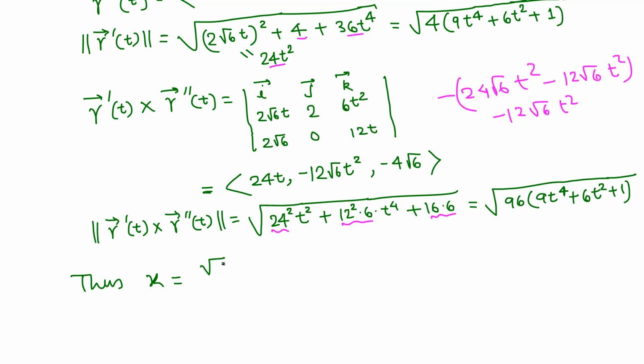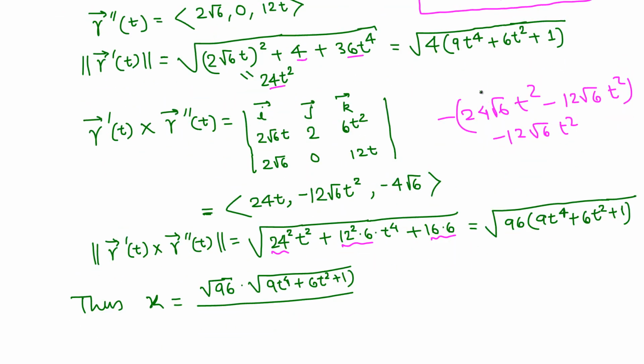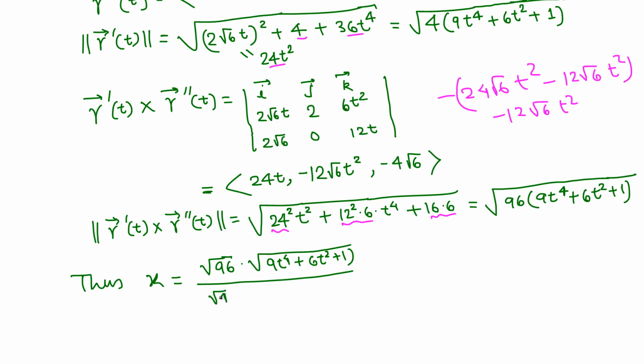This is root 96 times root 9t fourth plus 6t squared plus 1, all over r prime cubed, so root 4 outside cubed, and 9t fourth plus 6t squared plus 1, 3 copies.